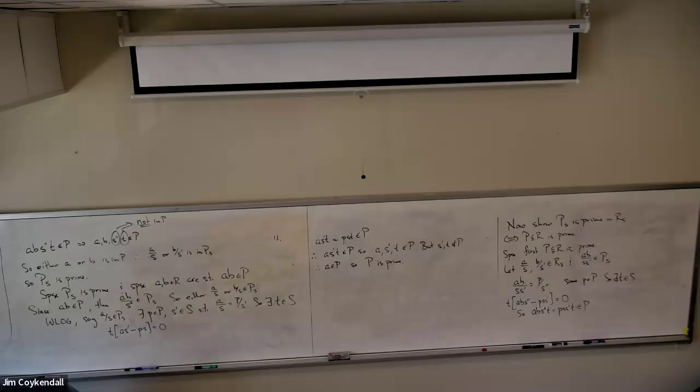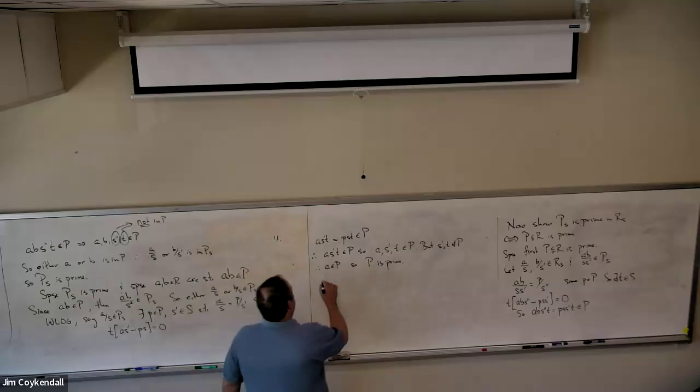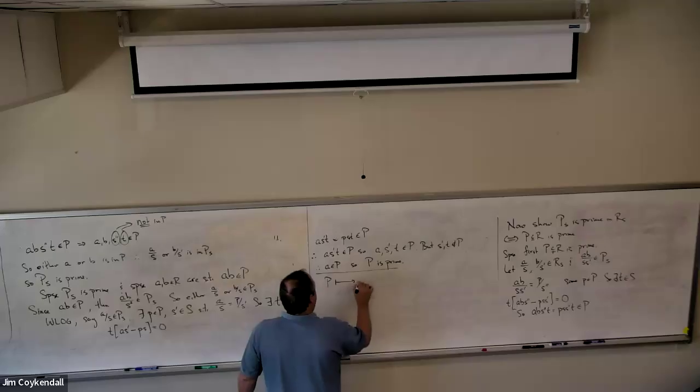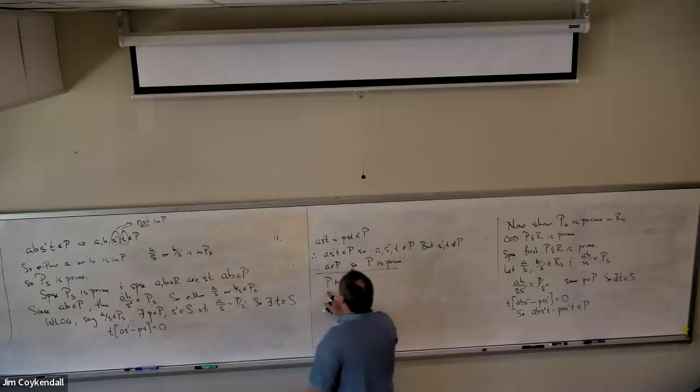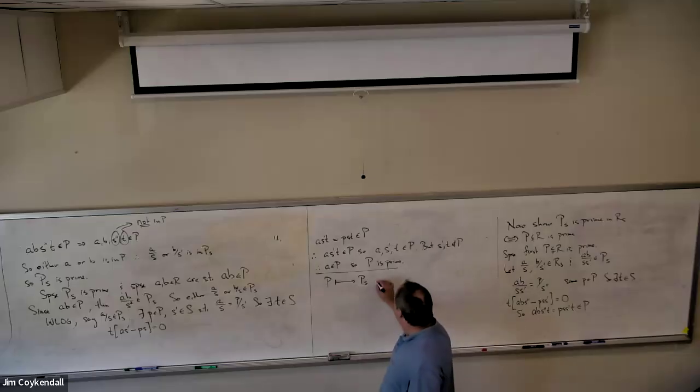Okay. Now, what I want to do next is I want to show that the correspondence works. Notice that what this shows is this takes an ideal to an ideal, and if that ideal is prime, it goes to a prime ideal.